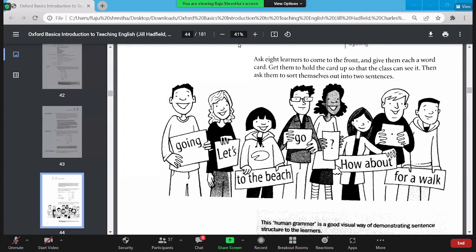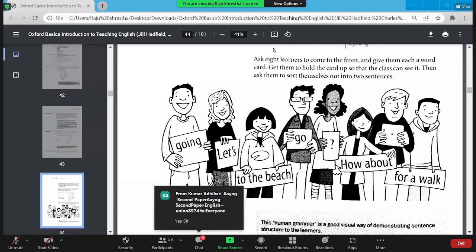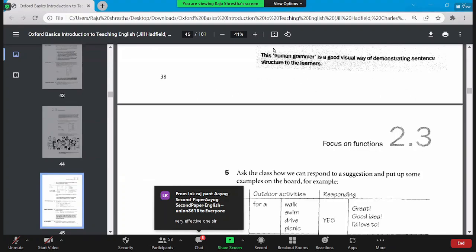Can we use this kind of activity? Okay, this is good. So this kind of simple activity, a variety of activities, should be used in the classroom.